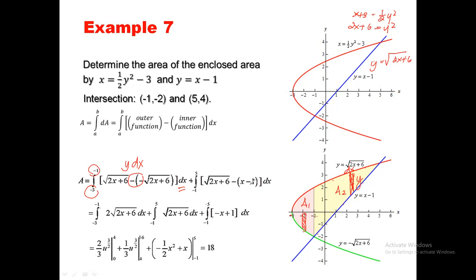So minus. Your limit, take note, will start with x equal to -1 to x equal to 5. Here, the x of the farthest most to the right intersection point. So your limit is -1 to 5. So from here to here, it's -3 to -1 for the pink region, and for the yellow region, it's -1 to 5.